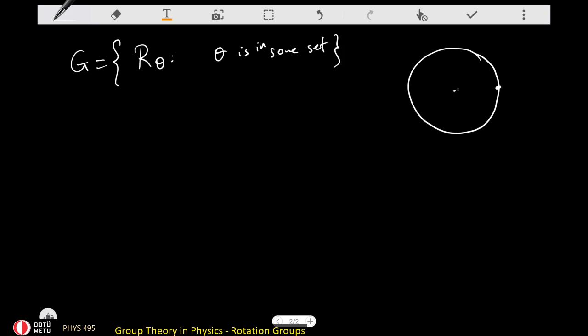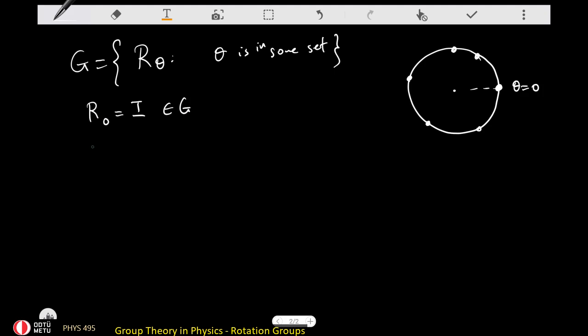So we have a starting angle in here, theta equals 0. So in that case, we basically have some set of points on that circle, and the rotations corresponding to this set of points somehow form a group. Let's remember the group axioms. So first, note that the identity is in there. So this is within the group, right? So that means this point corresponding to theta equals 0 should be within that set.